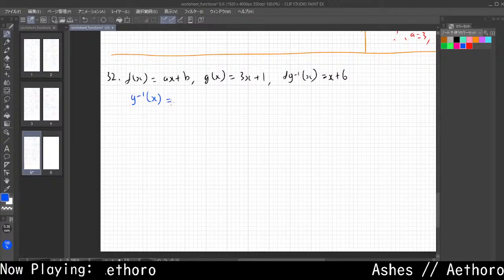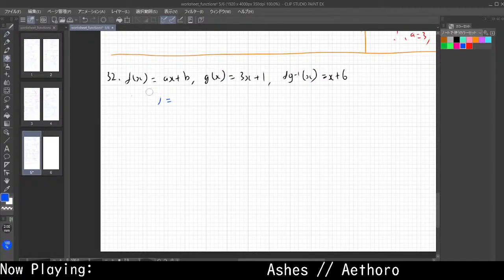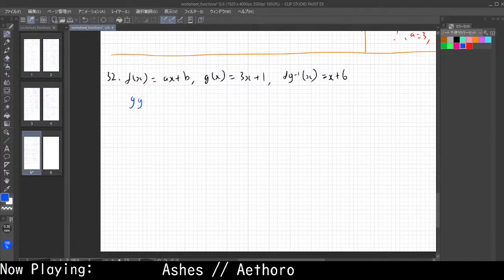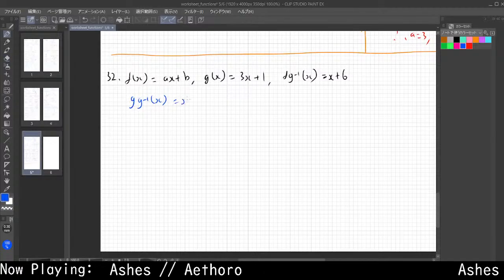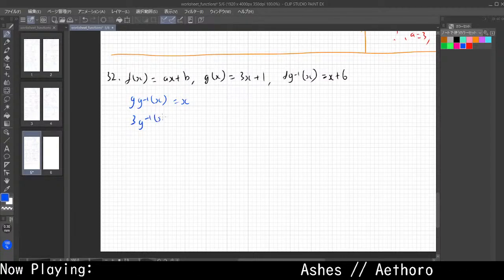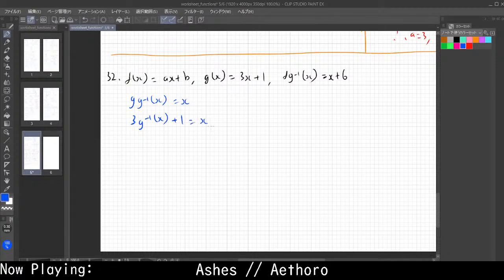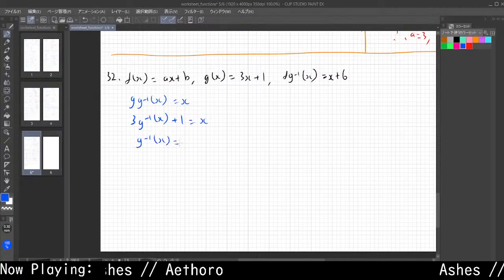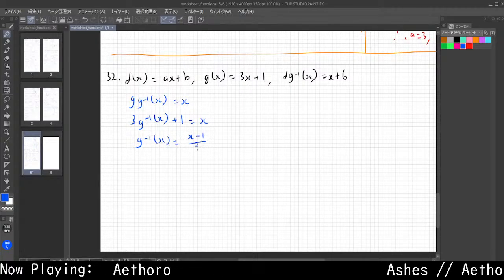You can speed run this actually, but I'm not going to teach the method. G inverse means I replace my x in g with g. Rearrange. G inverse x equals x minus 1 over 3.